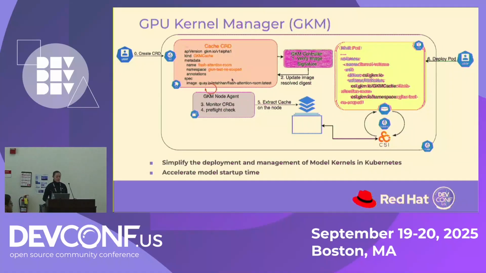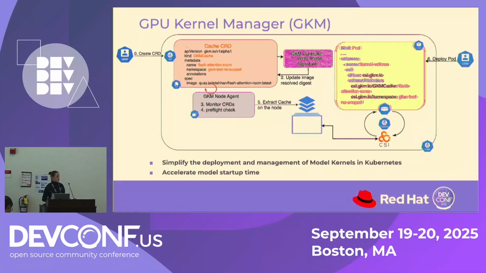Now, on each worker node, we have this node agent, and it is also watching each of these cache CRDs as they're getting created. It watches for this update with the resolved digest in the form of an annotation. And once it sees this resolved digest on a cache CRD, it knows that it's time to go ahead and extract that cache on the node.